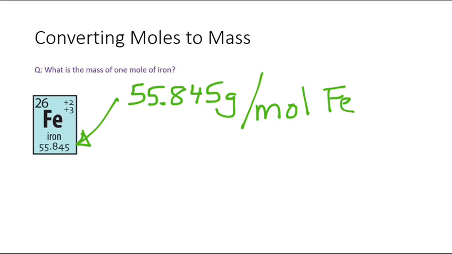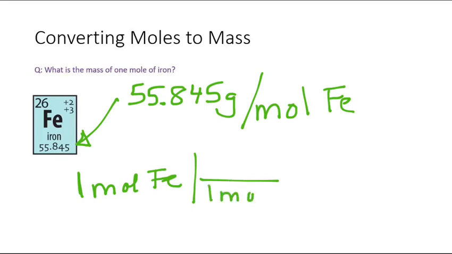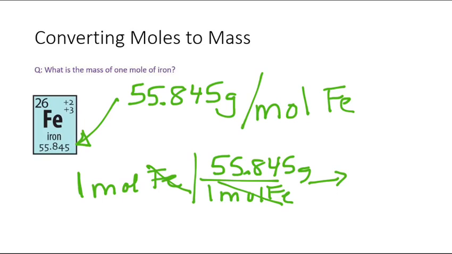Now we can actually quickly convert between moles and mass. So if we start off to answer this question with 1 mole of iron, and we convert by saying, well, 1 mole of iron is 55.845 grams. We cancel. This is a pretty quick calculation, isn't it? 1 mole is 55.845 grams.